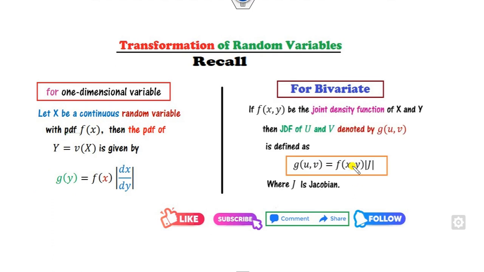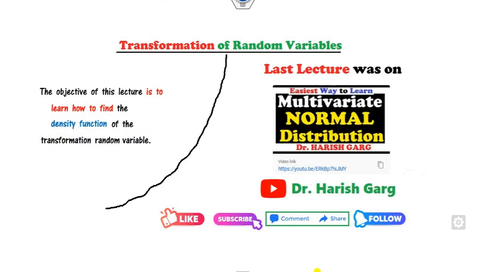For that case we have used the bivariate transformation formula, and J is called the Jacobian. So up to here we have discussed in the previous lecture, for one dimension and for two dimensions.